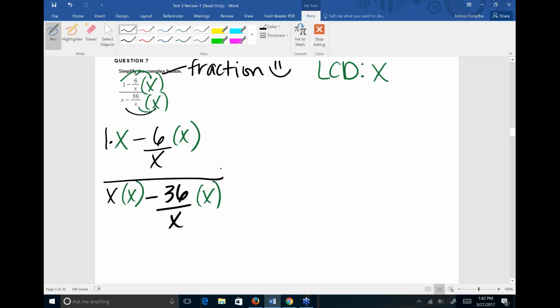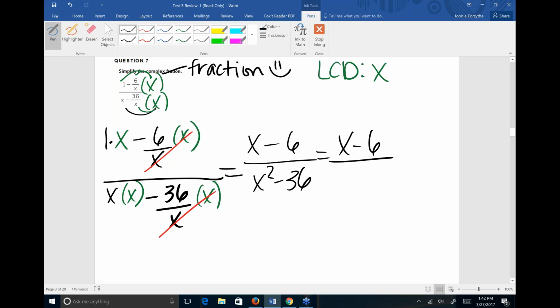Okay, so now let's see what's going to happen. 1 times x is just x. And then negative 6 over x times x, your x's cancel out, and I'm just going to have minus 6. So that's my numerator. And then at the bottom, x times x is x squared, and then negative 36 over x times x, the x's cancel out, and I'm left with just negative 36. And then now I can factor the bottom, that's the difference of two squares.